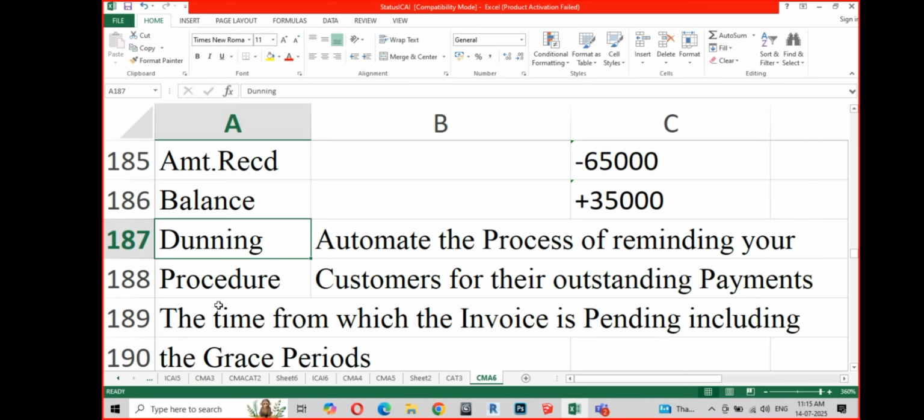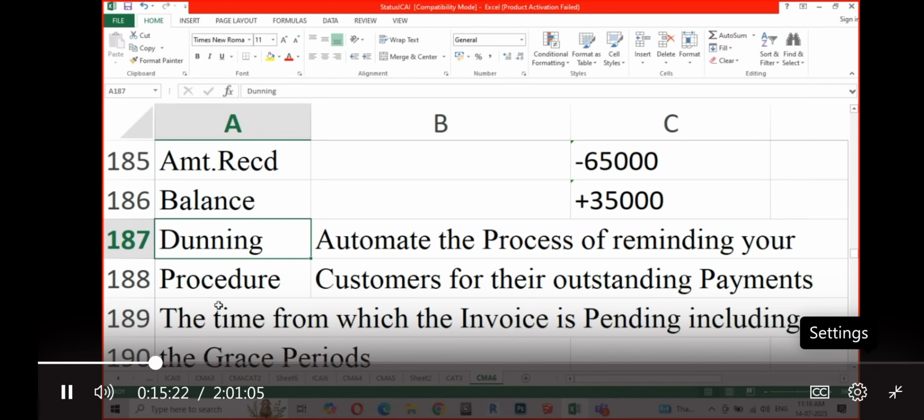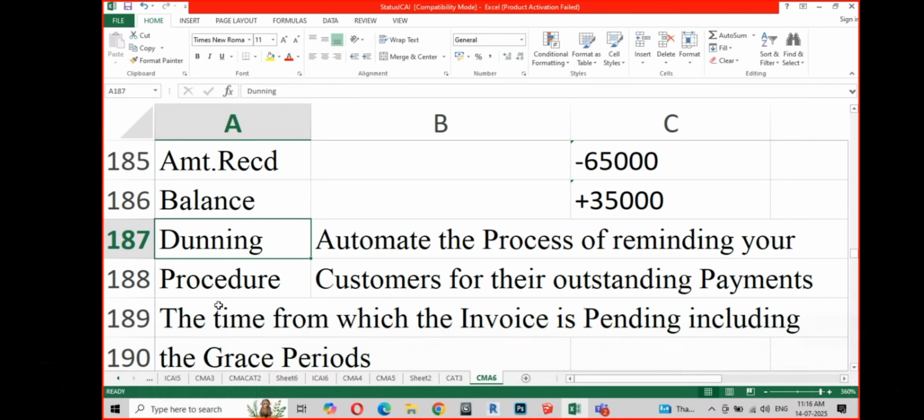Nobody else will be responsible for these two processes. What are the two processes? Your automatic payment program with regards to your payables, and your dunning procedure or dunning process relating to your customers.